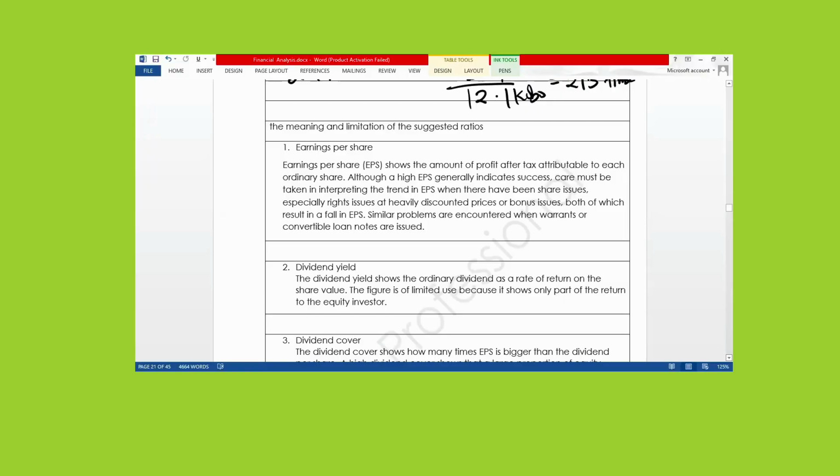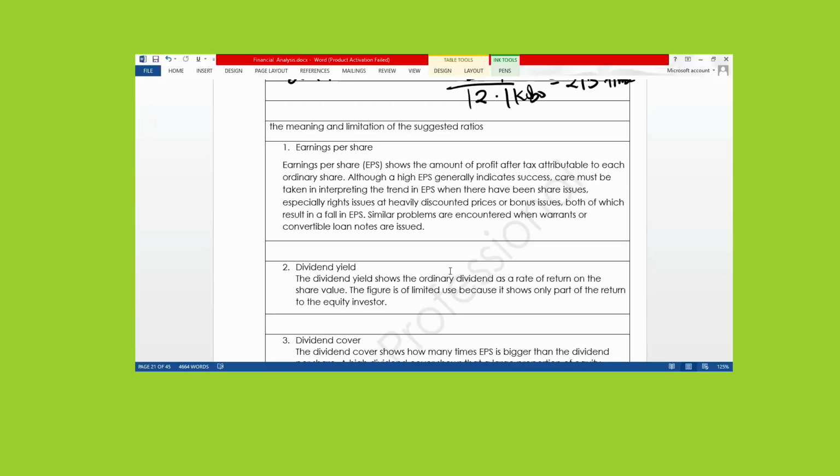However, the figure is of limited use because it only shows a part of the return to the equity investor.